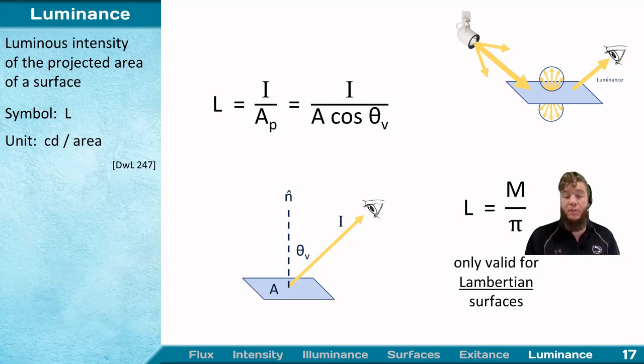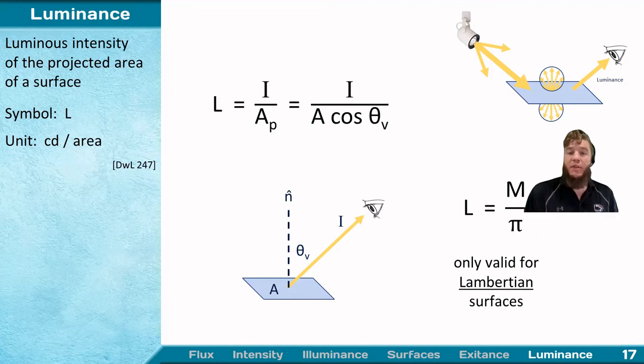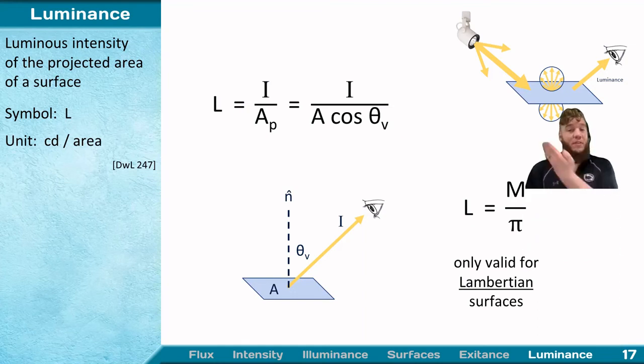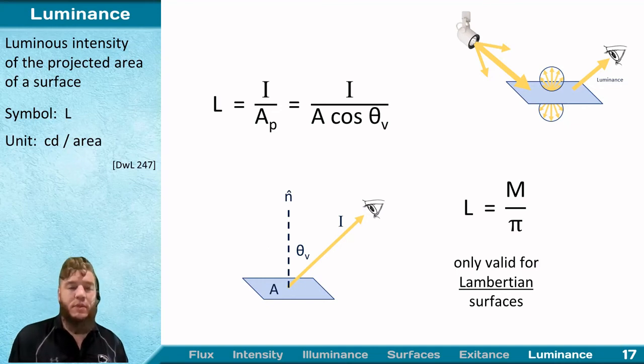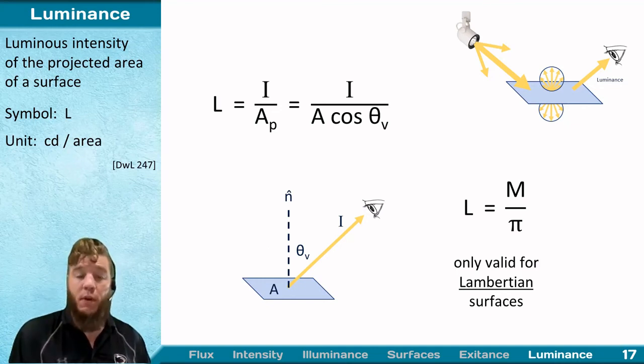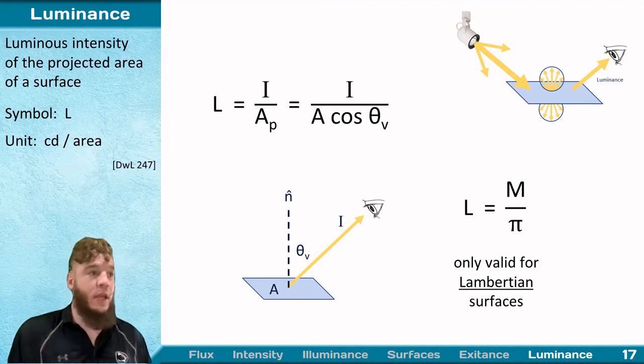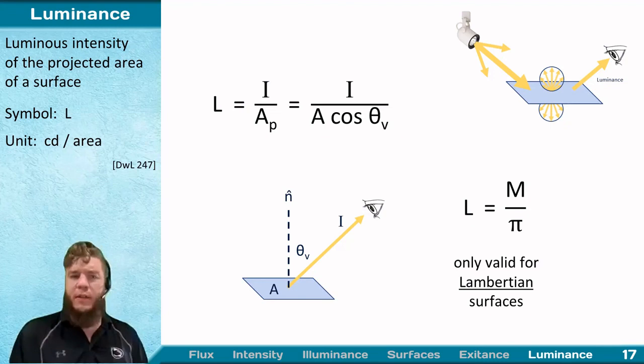And that's because Lambertian surfaces follow the cosine law in the distribution of reflected light, which is what gives us this nice circle here representing the reflected light, because we can draw the circle and all of our vectors fit inside it. So those are our two equations for luminance. And again, like I said, we'll break this down in more detail on Wednesday when we take a closer look at solid angles and how they work for lighting.